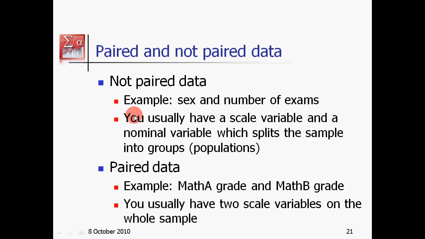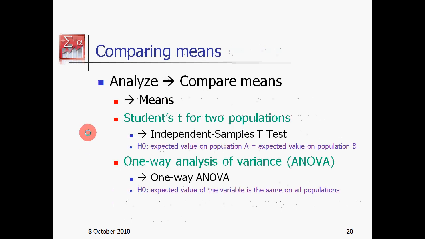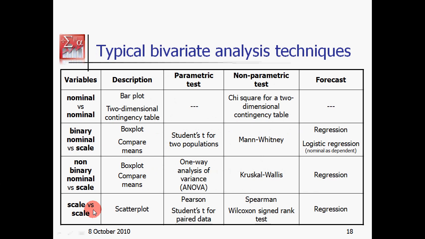Okay, so you will find one scale value for each person and stop. Okay, now we will see some analysis techniques for scale versus scale. All these techniques talk about paired data. So in all these cases, the two scale variables are paired. So we have two values for each person, one for the first variable and another one for the second variable.